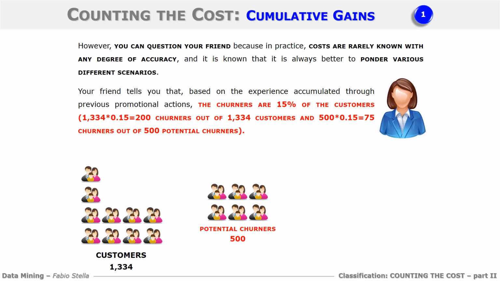Then we will have the following situation. If the sample of potential churners has been obtained by applying random sampling from the customer set, then we would expect the following situation to occur. 75 churners will be included in the potential churner subset, which will also contain 425 non-churners, while the remaining 125 churners will be included in the customer subset, which has not been sampled to be the potential churners.